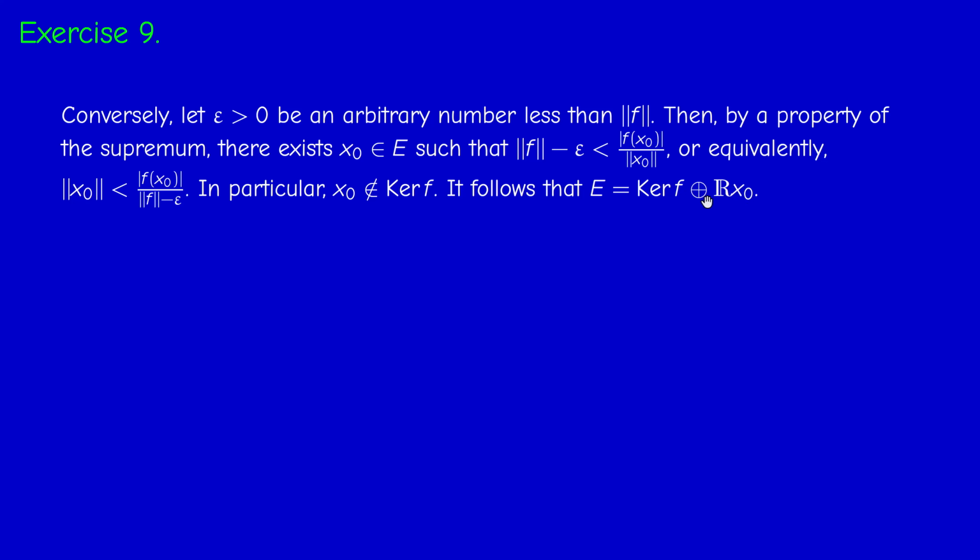We did that. How do you prove that? We have to prove two things, and we did this reasoning in the lecture. The intersection is reduced to 0, as you may check. And second, any element in E can be written as an element in the kernel plus a multiple of x0. So just do it, to test your understanding.